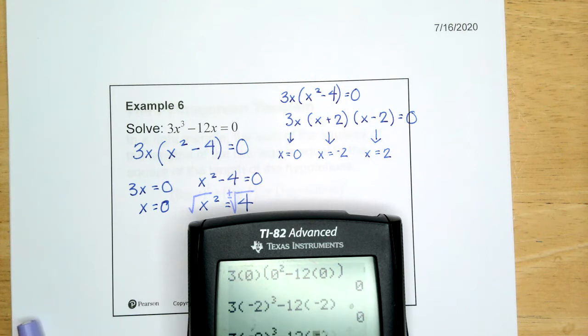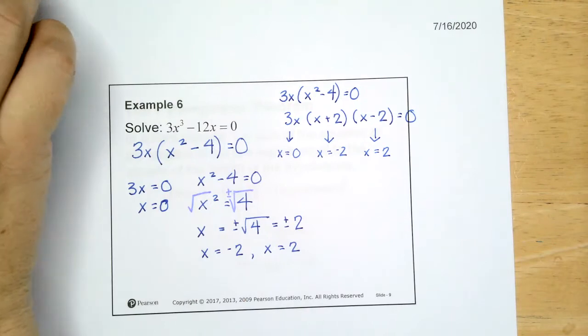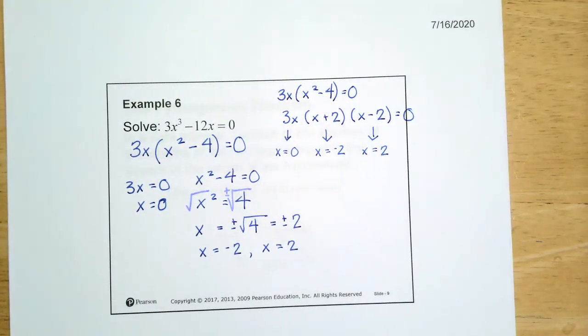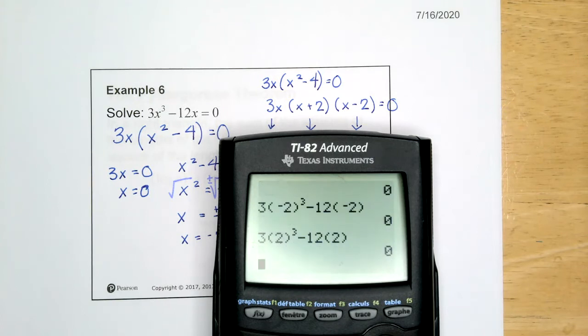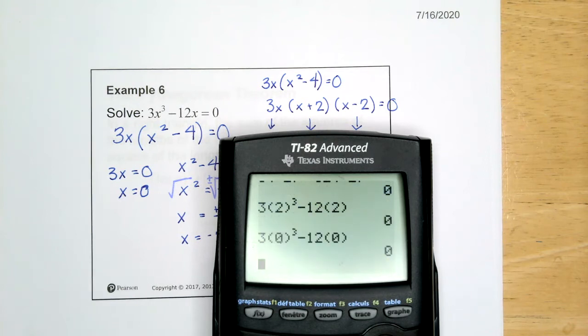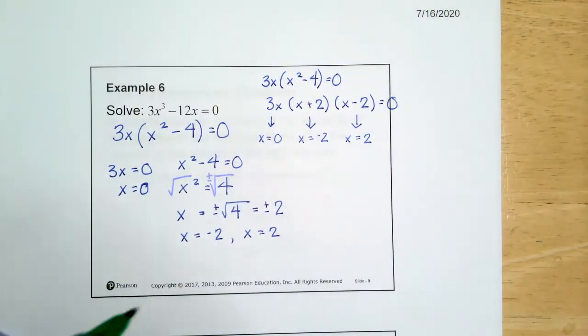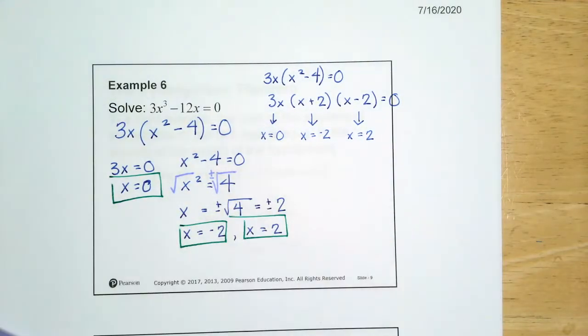I'm going to delete the negative sign. And it's still 0. So this I entered in wrong, so I should probably do it the correct way. So it's 3 times 0 to the third minus 12 times 0. You still get 0. So these are all three good answers.